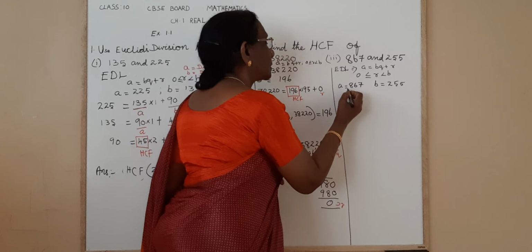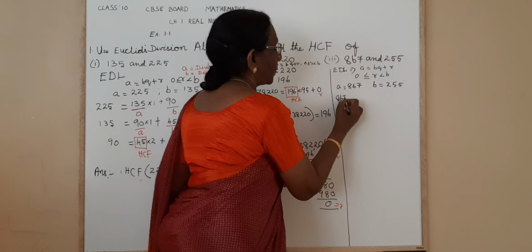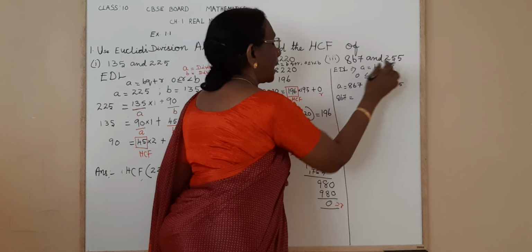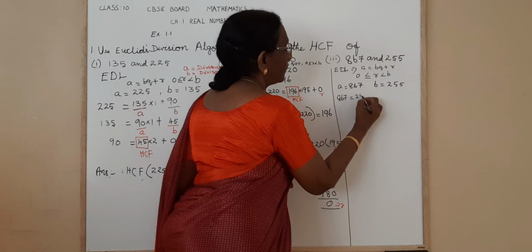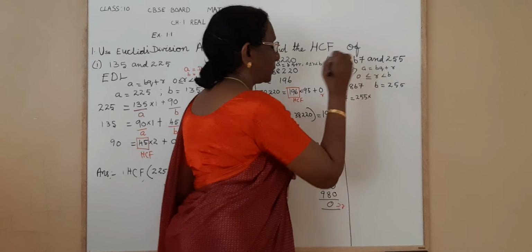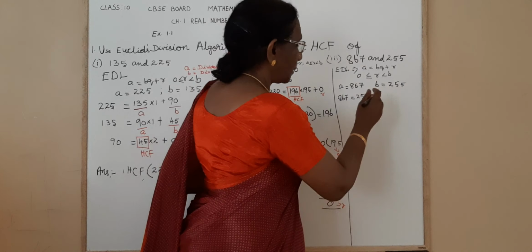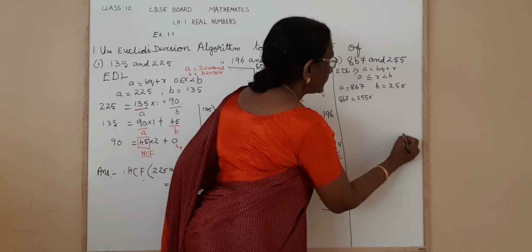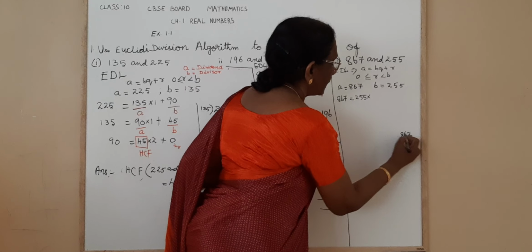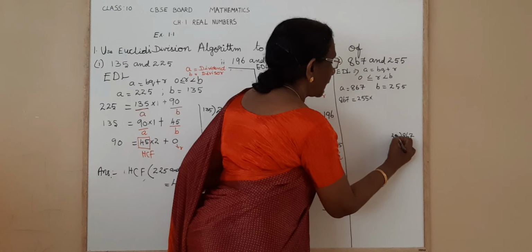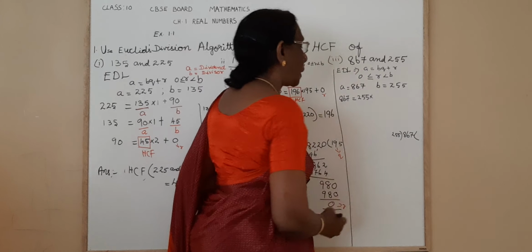Now we have to write this A in the form of what? BQ plus R. That is 255 into. Now what should you do? We have to divide 867 by 255. It goes how many times?